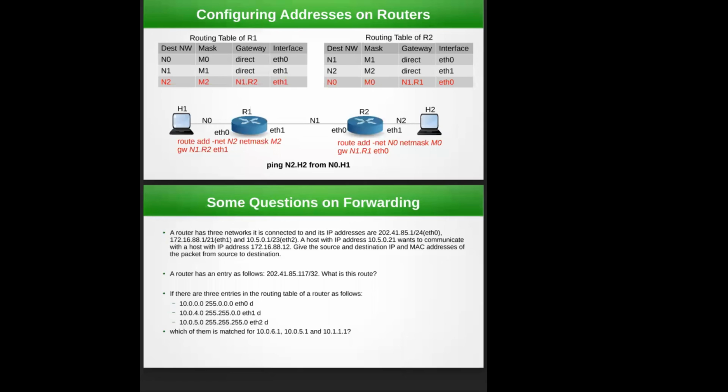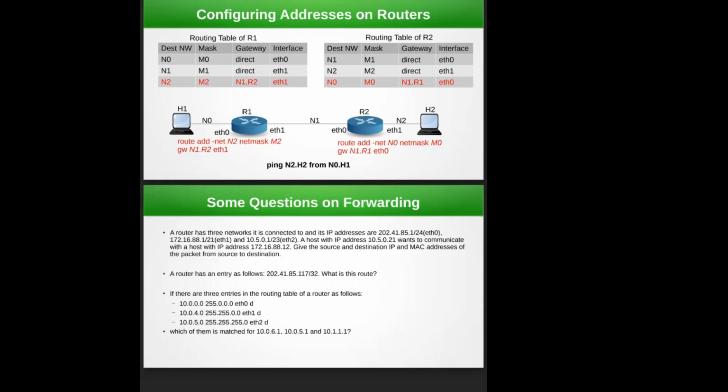I would like you to work out what the routing tables are in all the machines. Don't forget the default route in the host. If you don't have the default route in the host, it cannot talk to any machine other than machines in its own LAN.